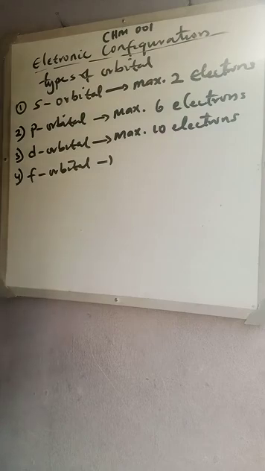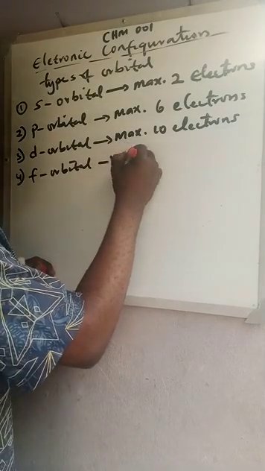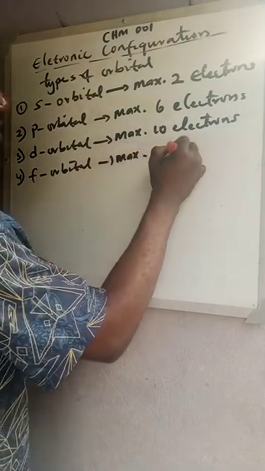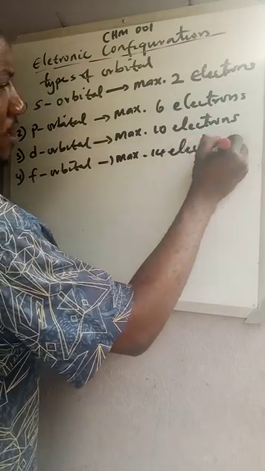Each of the 7 atomic orbitals takes a maximum of 2 electrons. So that means the f orbital contains a maximum of 14 electrons.